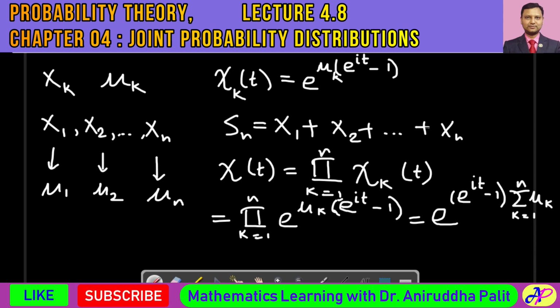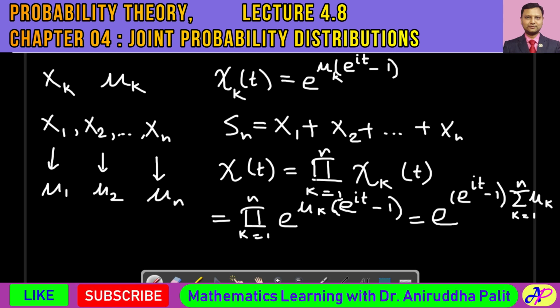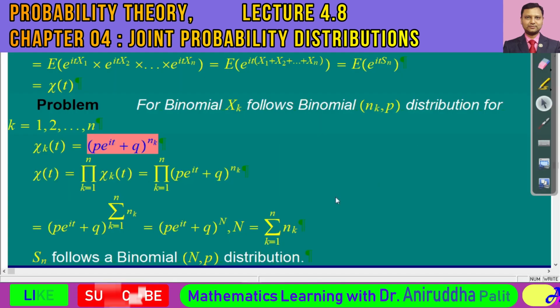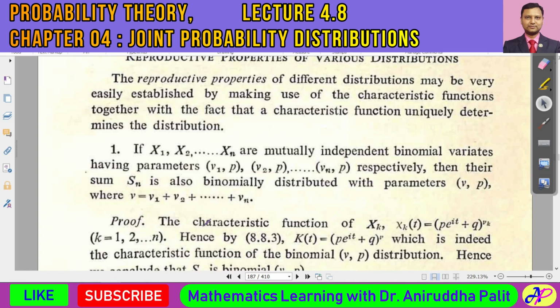In this way we can find the reproductive property of the Poisson distribution.